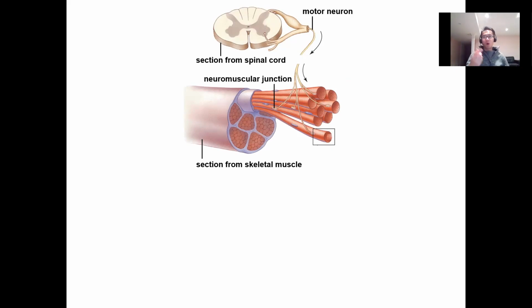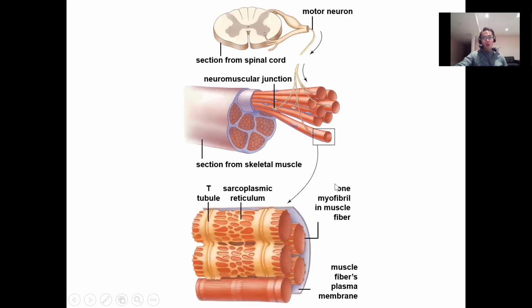One fiber is too weak to produce enough force. So collectively, they are under the control of one motor neuron. The motor neuron will release the neurotransmitters that causes an action potential to occur within the muscle fibers.